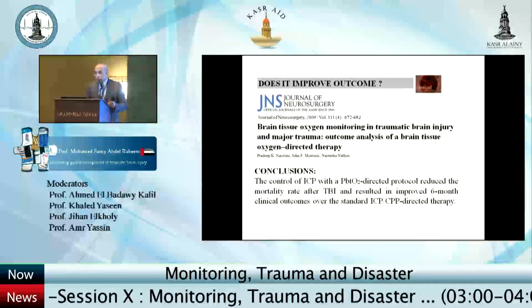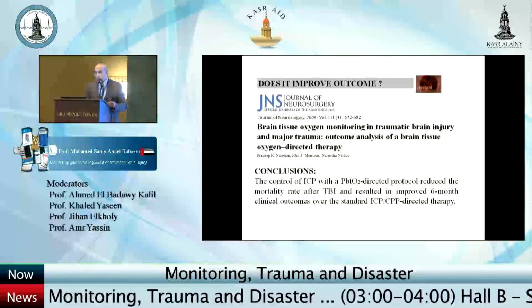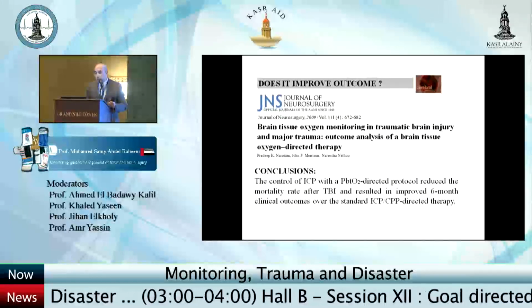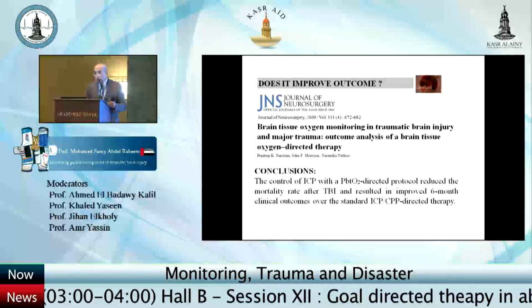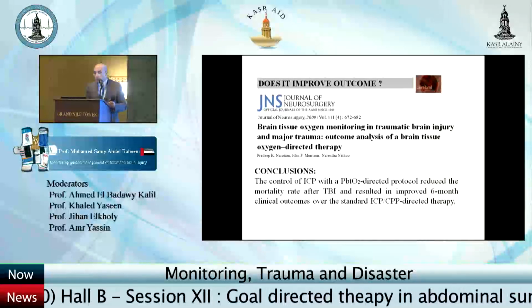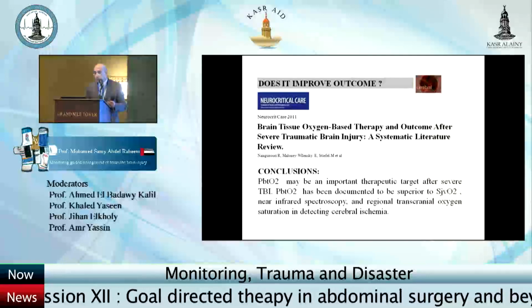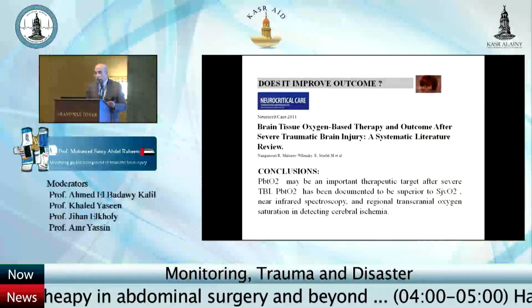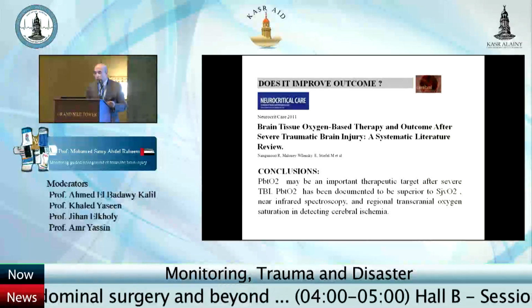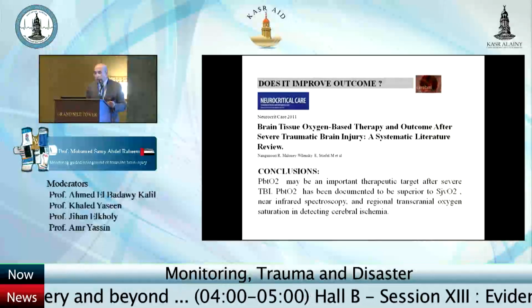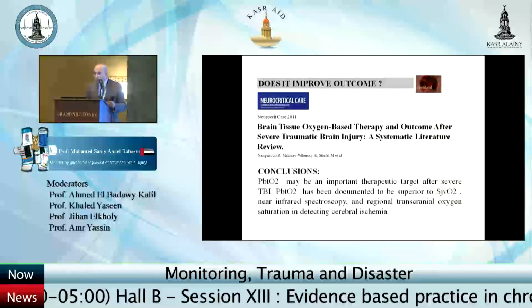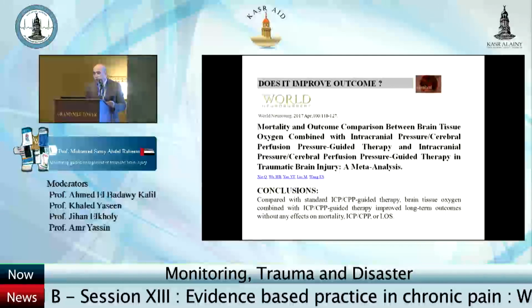The Journal of Surgery in 2009 concluded that control of ICP with a brain tissue oxygen directed protocol reduced mortality after TBI and resulted in improved 6 months clinical outcomes. Also, in Neurocritical Care in 2011, they concluded that brain tissue oxygenation may be an important therapeutic target after severe TBI, and it is superior to jugular venous saturation.